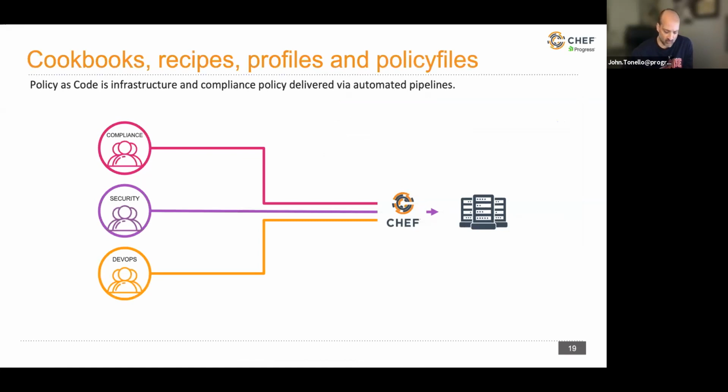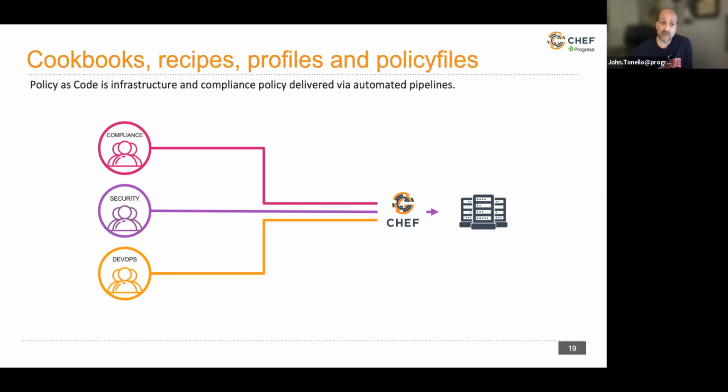So this is what we talk about as policy as code. You're beginning with an idea of how you want to configure something, what success looks like, and from the compliance side, certain ports are closed, certain users exist or don't exist, certain packages are installed. It's a big part of the security profile, right?